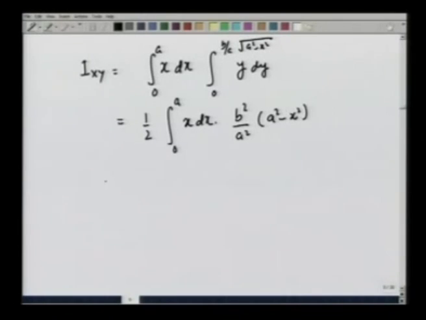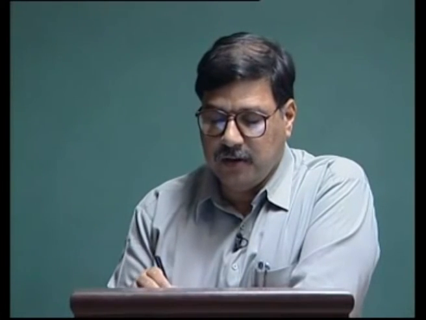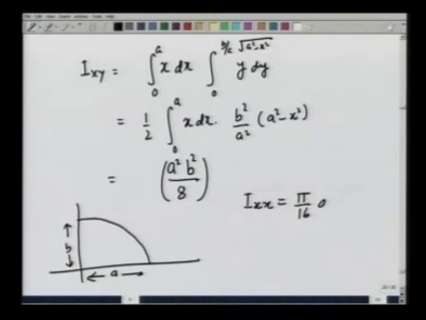This is a standard integral, so this gives me the answer a square b square divided by 8. Therefore, for a quarter of an ellipse with semi-major axis A and semi-minor axis B, Ixx is pi over 16 a b cubed, Iyy is pi over 16 a cubed b, and Ixy is a square b square over 8.